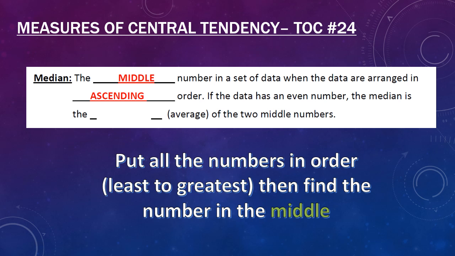Ascending means least to greatest. If the data has an even number of data pieces, then the median is the mean or average of the 2 middle numbers. So you're going to put all the numbers in order from least to greatest first, and then you're going to find the number in the middle. And I'll show you how to do that.